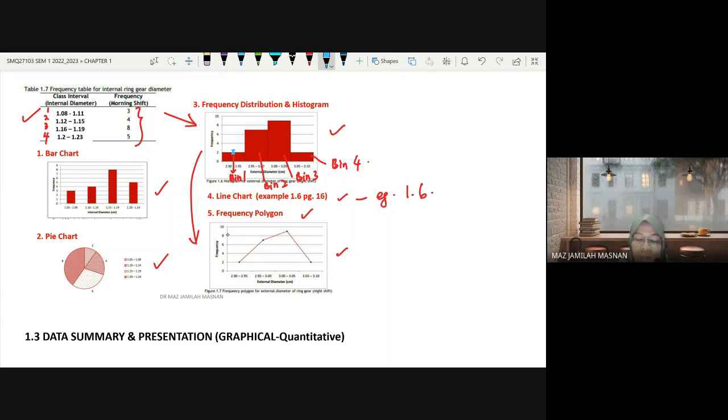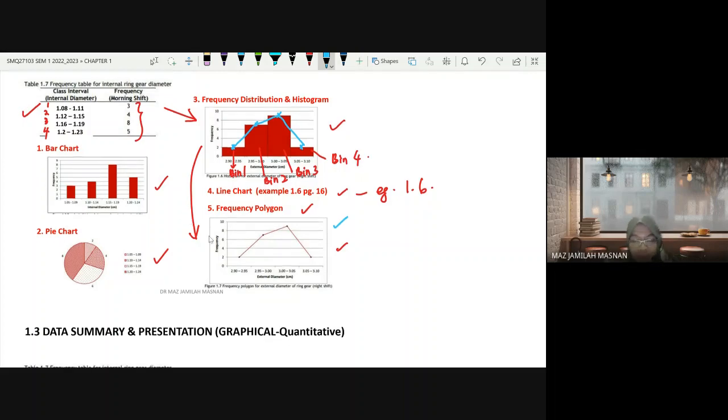For the second bin is 7. Third bin is I think 9, and then we come back to bin number 4, 2. So that's how we come up with this particular line. Then we connect them from point to point, and that's how we got the frequency polygon.